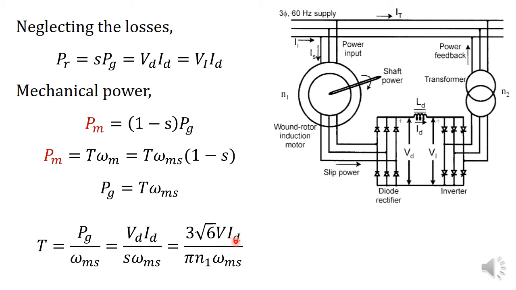Here there is a term S also, so S in the numerator as well as in the denominator gets cancelled. So this is the final equation, the equation for torque.